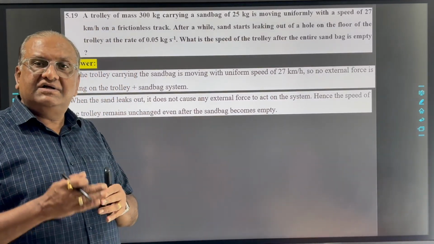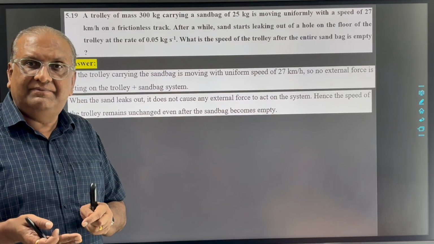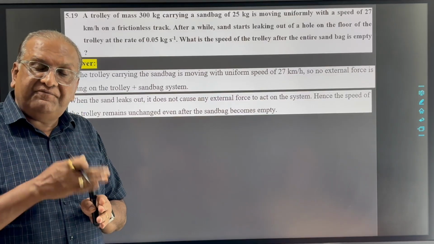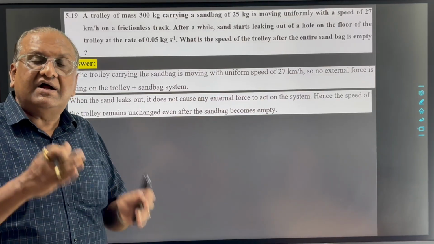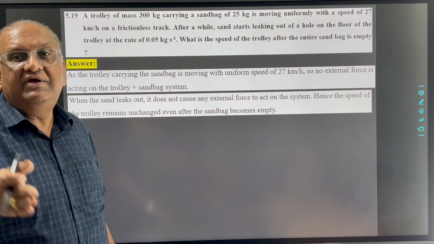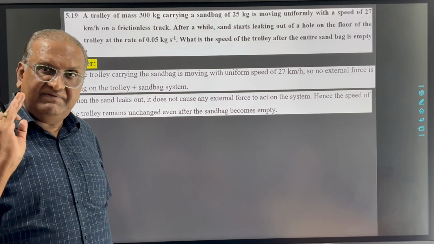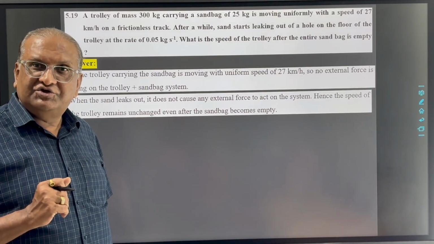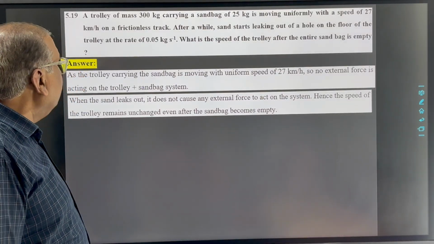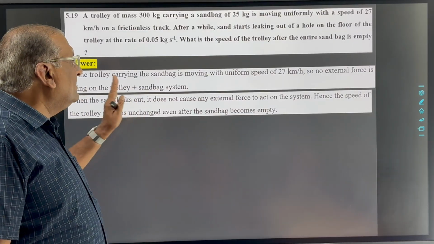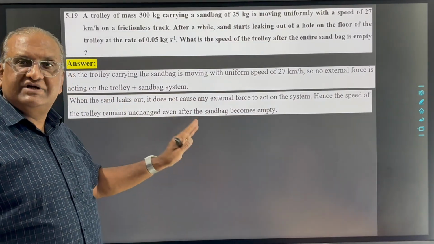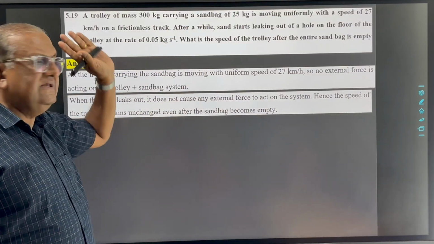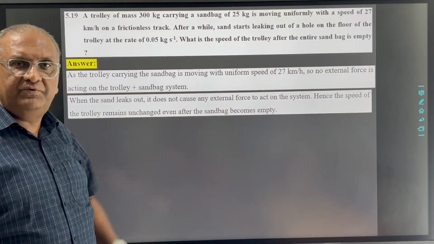When no external force is acting on the system, if the system is stationary, it will remain stationary, and if it is in motion, then it will continue the motion with uniform velocity, that we studied previously in Newton's first law of motion, right? So this entire system will continue its motion with the same speed when the entire sandbag is empty. Clear to all of you?